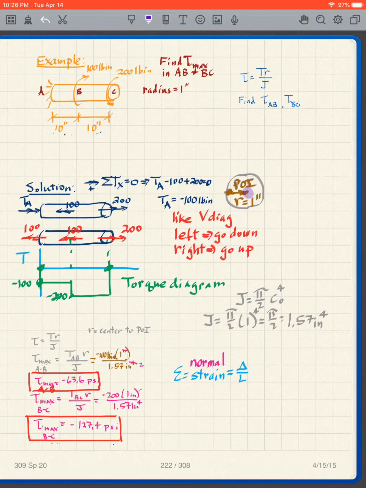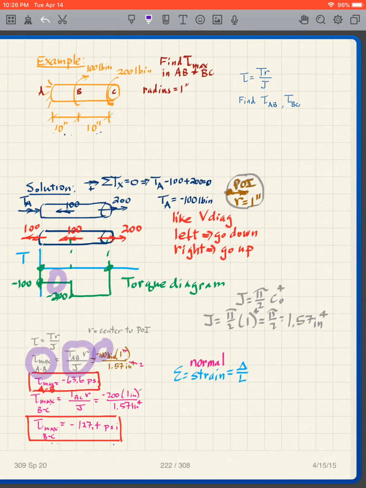So when I plug into my expression, tau is equal to TR over J, in the region A to B, it's going to be the torque in the region A to B times R over J. In the region A to B, the torque is negative 100.